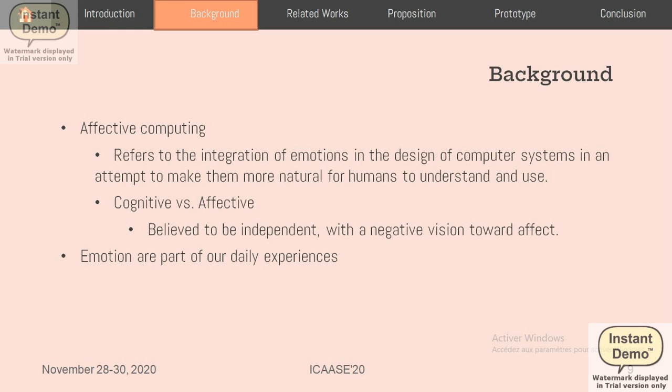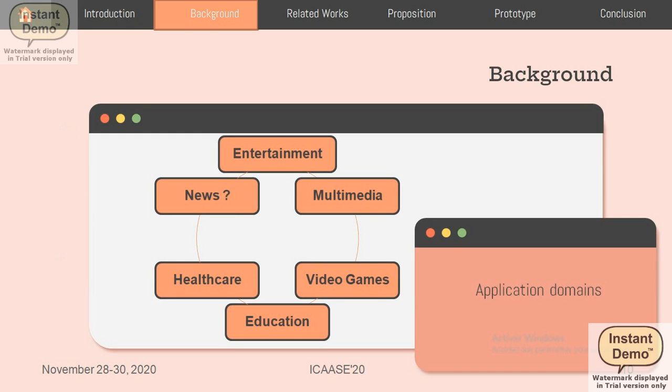However, it has been proven that emotions can have a positive impact on cognition. Emotions play a very important role in our daily experience, and their consideration during system design can have a huge impact. Application domains can be the entertainment industry, video game industry, education, and even news and CRM systems.